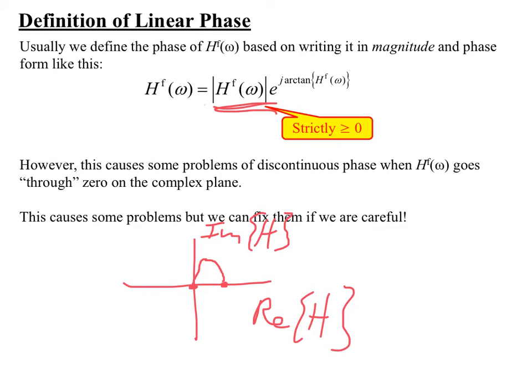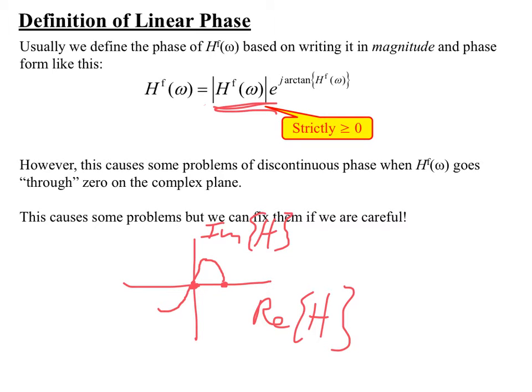So at some value of omega, maybe pi over 2, for example, this thing may go into the origin. And then as we continue a little bit past pi over 2, this might actually continue through like this and do some other path.